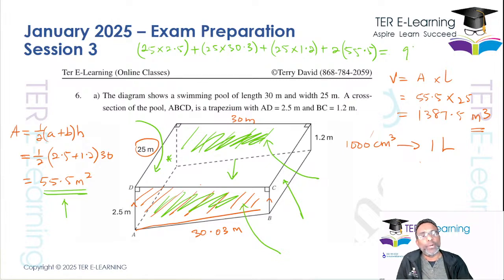I don't know if anybody worked this out for my class here. I don't know if you're getting this. 961 meters squared by chance.